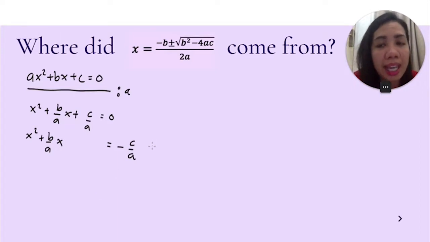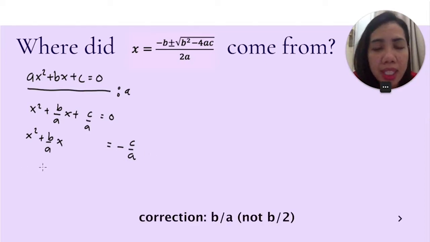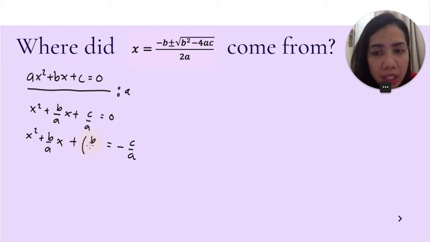Half of b over a is b over 2a, and then we square it and add it to both sides. So here we also add b over 2a squared.